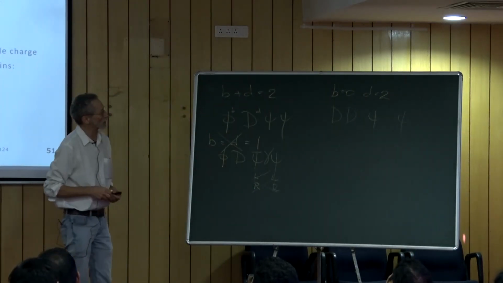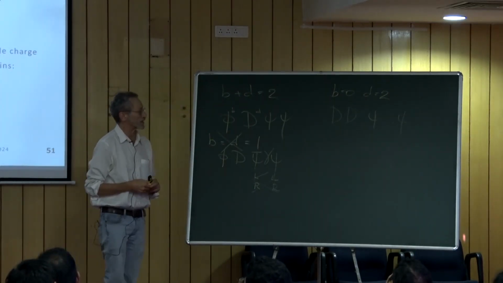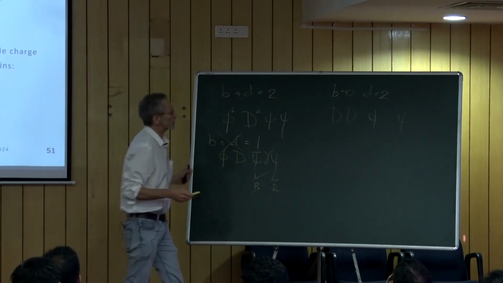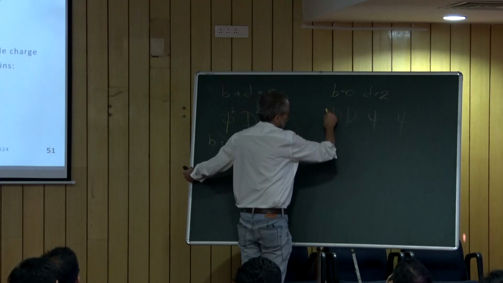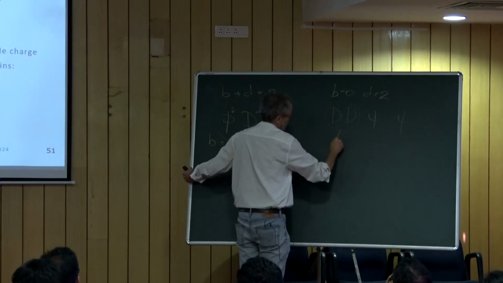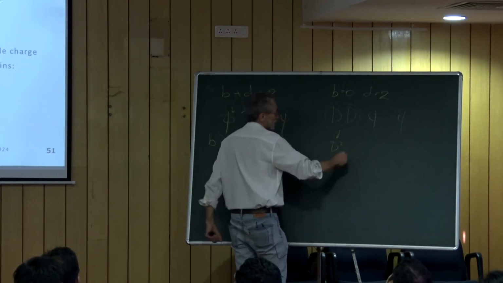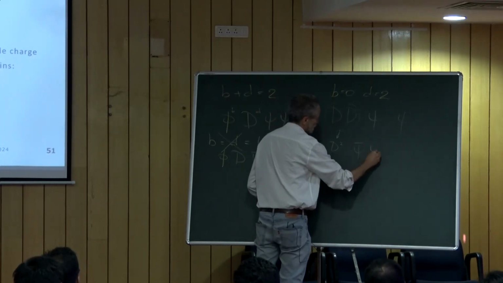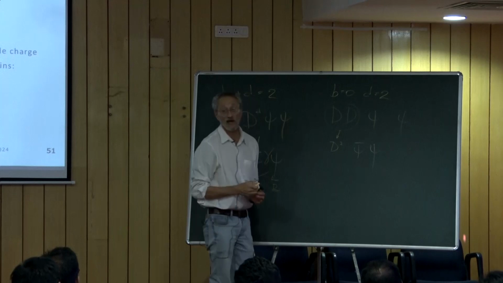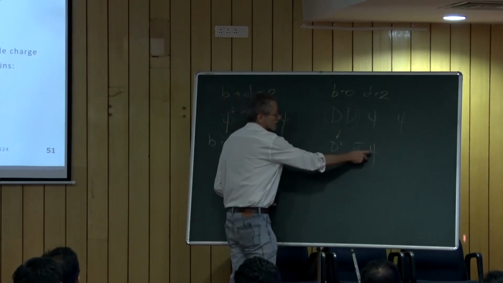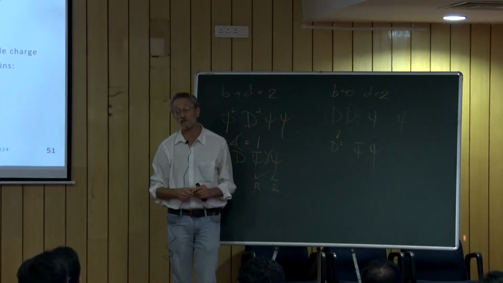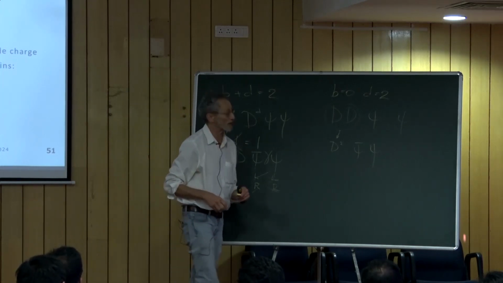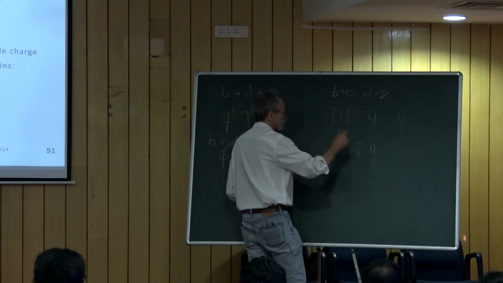So how can I make that a Lorentz and a gauge singlet? Well, I could contract these two guys. And then I have psi-bar psi. But in that case, one of these guys is left, and the other one is right. One is a doublet, the other isn't a doublet, and therefore this violates Lorentz and gauge invariance.